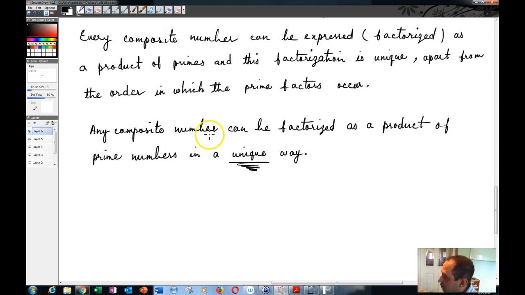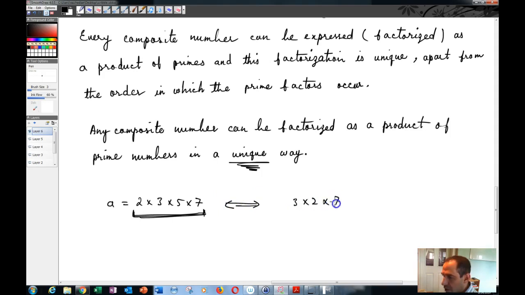Otherwise, for example, if you have a composite number a, and the prime factorization of that number becomes 2, 3, 5, and 7, we take this as the same thing as, for example, 3 times 2 times 7 times 5.